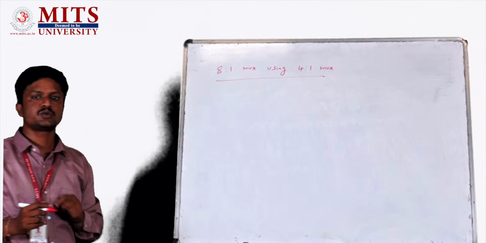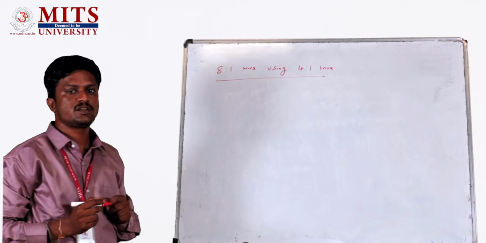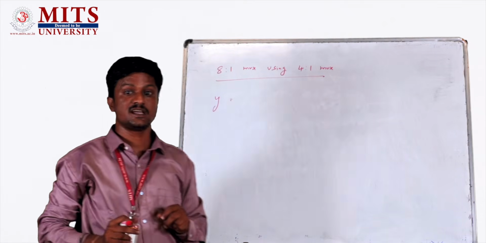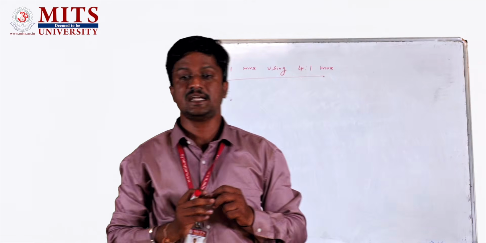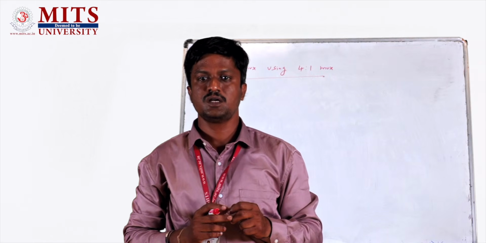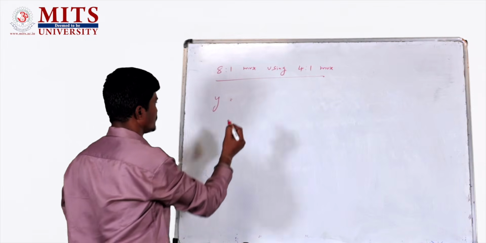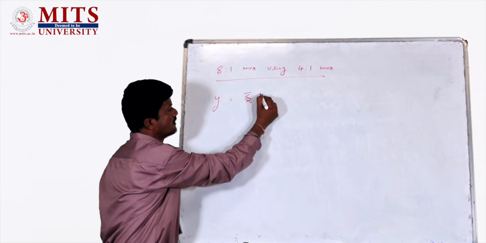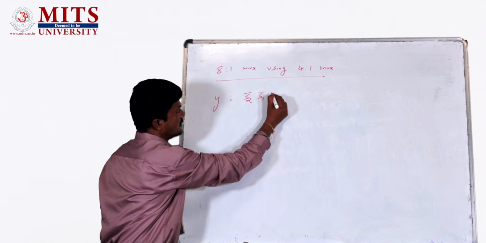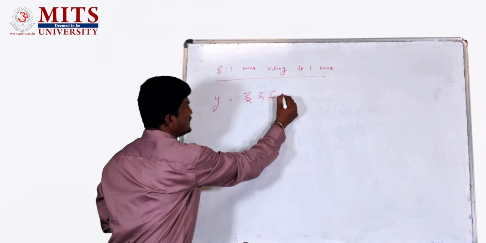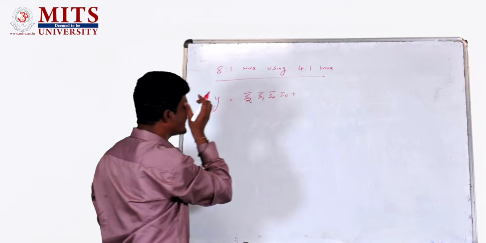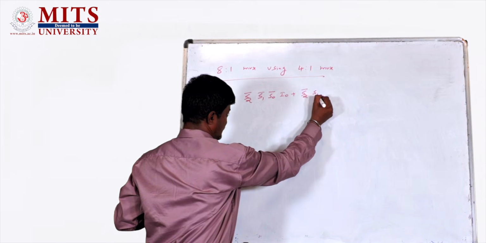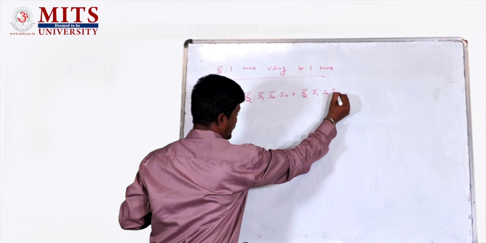So first you write the logic expression for the 8:1 mux. For an 8:1 mux, the number of selection lines is 3, with 8 data inputs and 1 output. So the logic expression for the 8:1 mux is S2 bar, S1 bar, S0 bar into I0. The second condition is 0, 0, 1, so S2 bar, S1 bar, S0, I1.